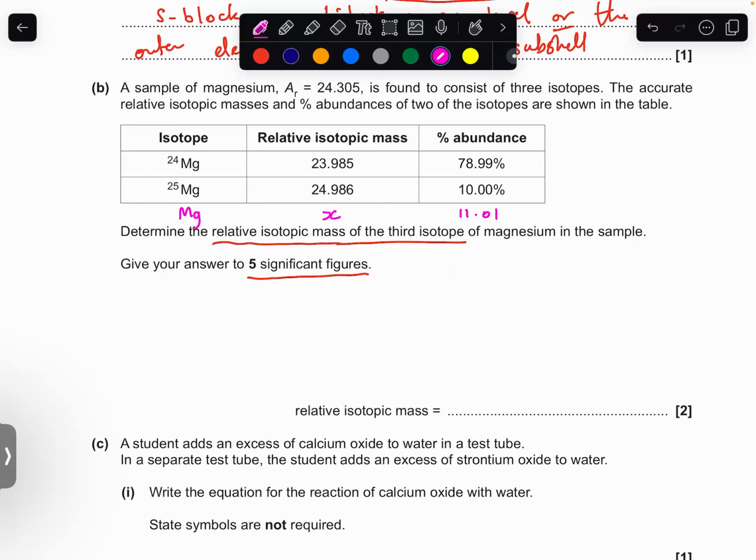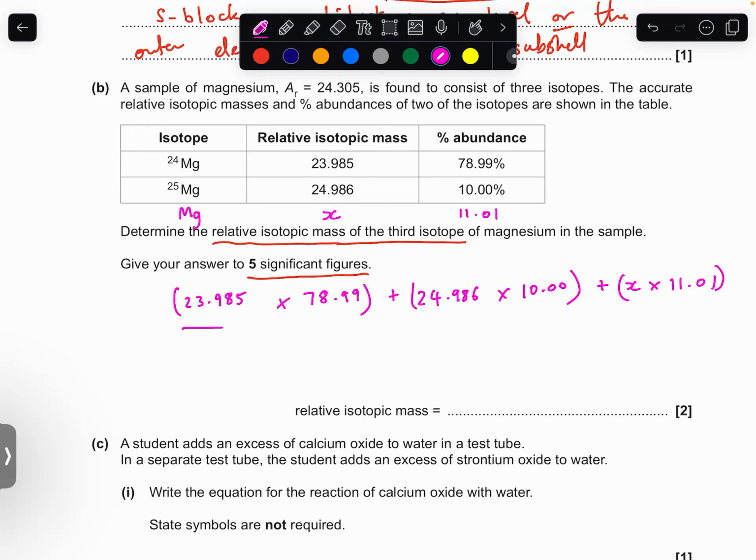So we know that mass times percentage, these are really accurate relative isotopic masses: 78.99 plus 24.986 times 10.00 plus X multiplied by 11.01.